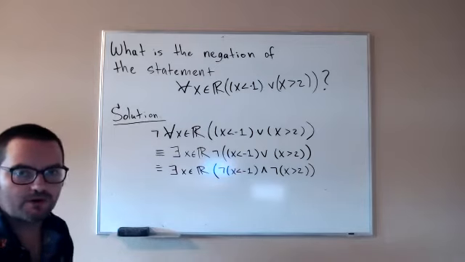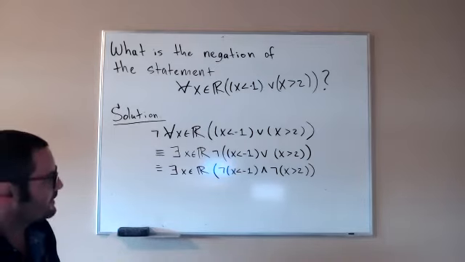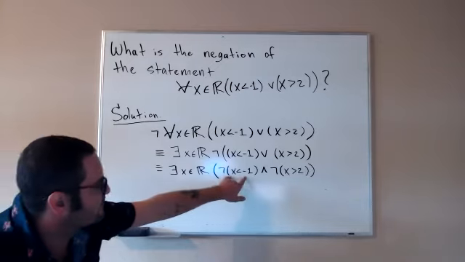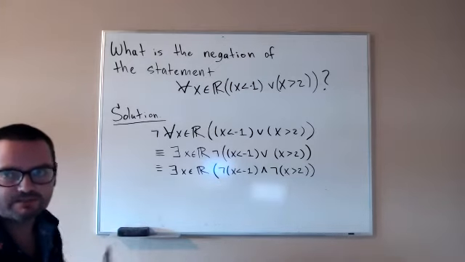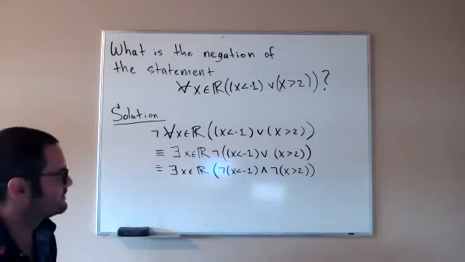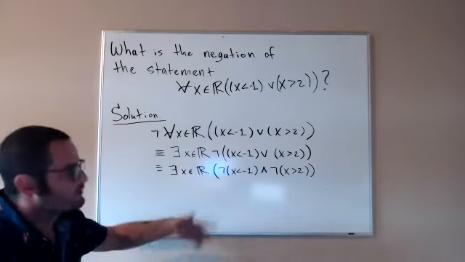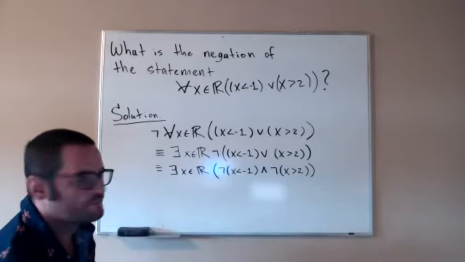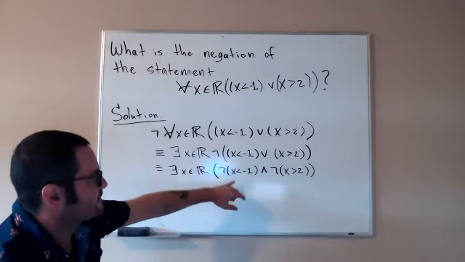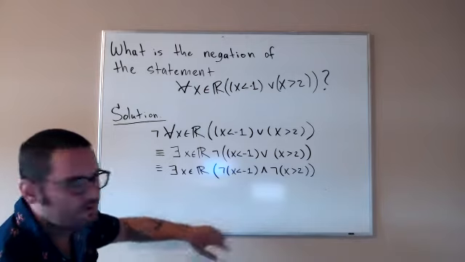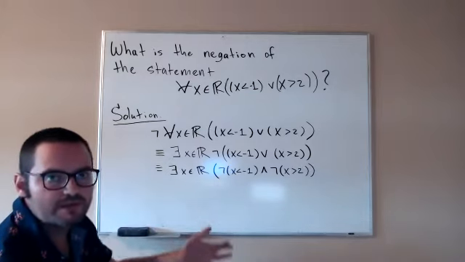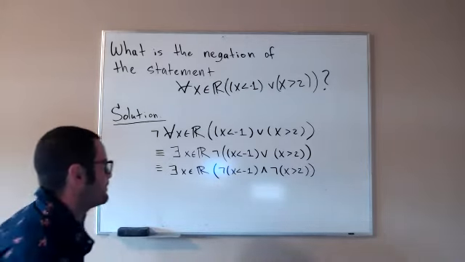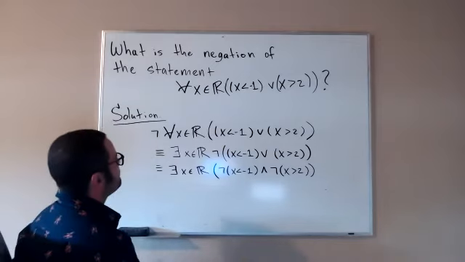All right, so we're almost done now, because now we have the negation of this, and we need to express that in its full form, right? What does this exactly mean? What does it mean for it to not be the case that x is less than negative 1? Well, if x is not strictly less than negative 1, then x is greater than or equal to negative 1. Okay?